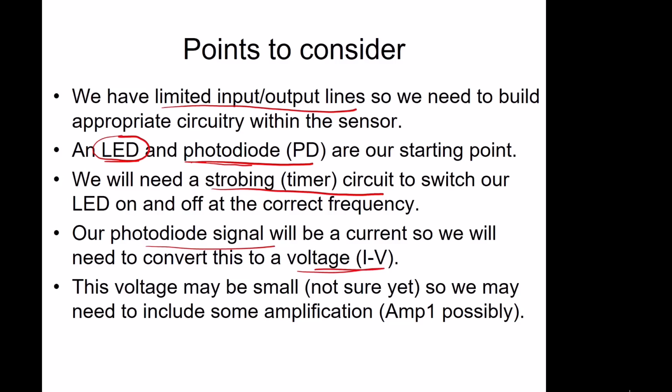At that point, the voltage might be quite small, so we're probably expecting about microamps out of the photodiode. So even after conversion, we might need to amplify that signal more. So potentially we might need some amplification circuit to improve that signal.